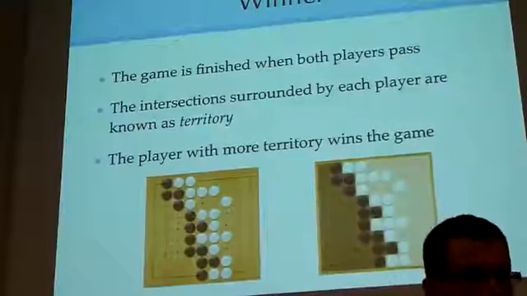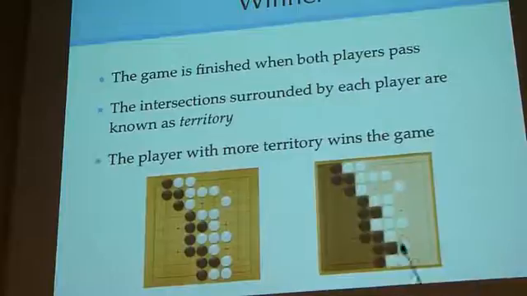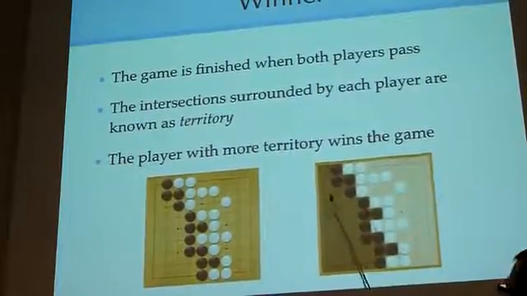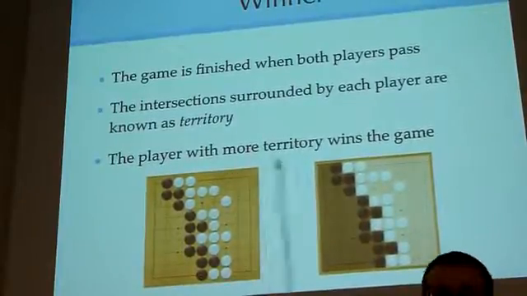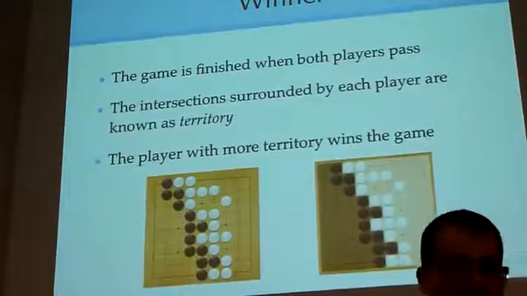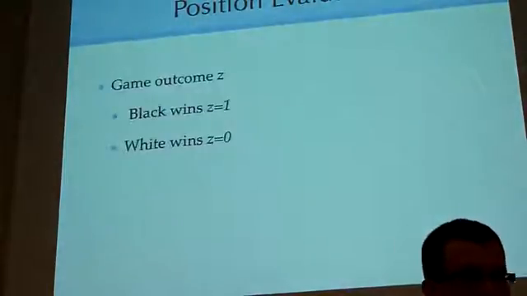And then at the end of the game, the player with more territory wins: white's got some territory here, this becomes his points, black's got territory here, this becomes his points. So at the end of the game, the player with more points wins. Okay? So that's the setup.